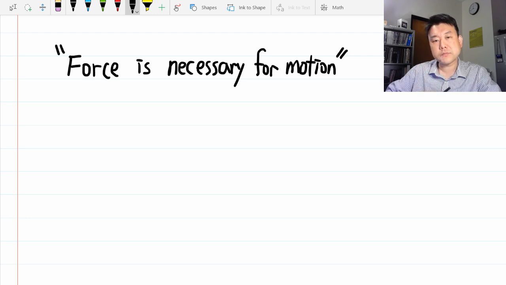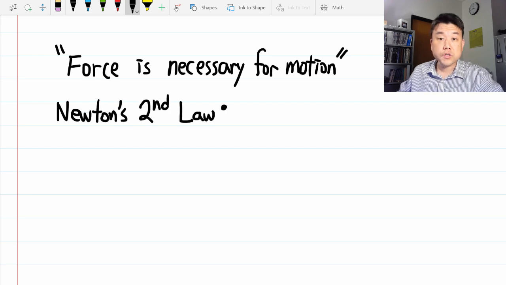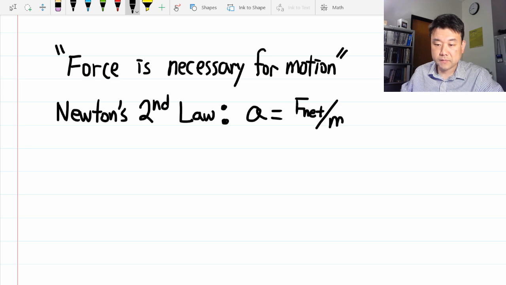The correct response would have been force is necessary for acceleration, but an object in motion will remain in motion without an external force. This response is consistent with Newton's second law. Newton's second law says that acceleration is equal to net force divided by mass.